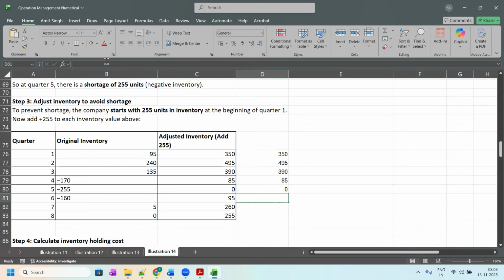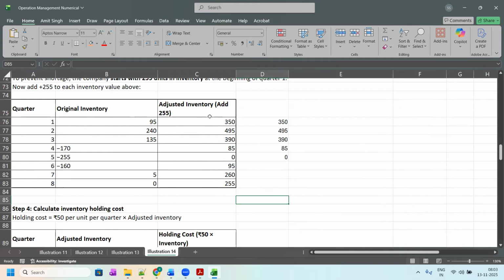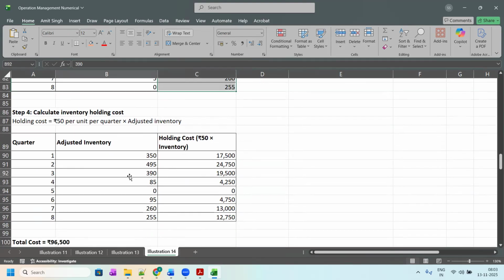Yes, sir. And then the inventory holding cost is calculated. So each quarter this is your adjusted inventory. This adjusted inventory is multiplied with the inventory carrying cost. The inventory carrying cost is given in the numerical as 50 rupees per unit per quarter.